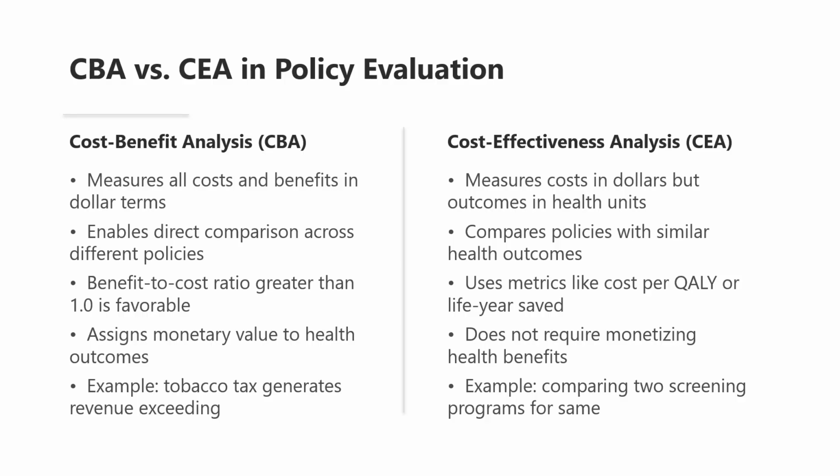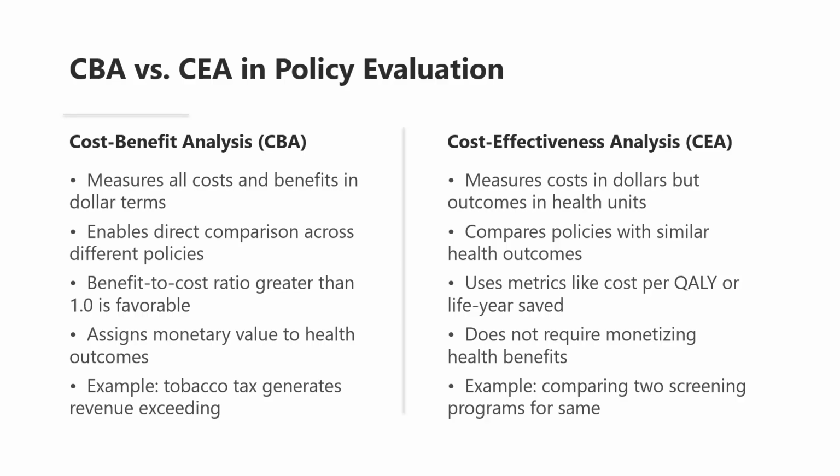Cost-effectiveness analysis, or CEA, avoids this problem by measuring costs in dollars but keeping health outcomes in their natural units. Common units include quality-adjusted life years, or QALYs, disability-adjusted life years, or DALYs, cases prevented or life years saved.